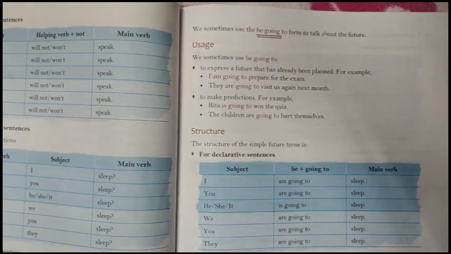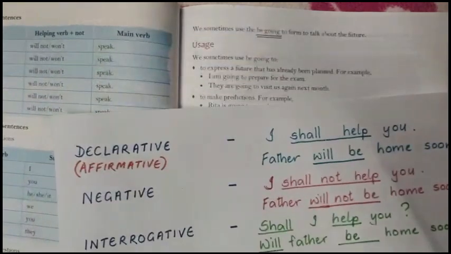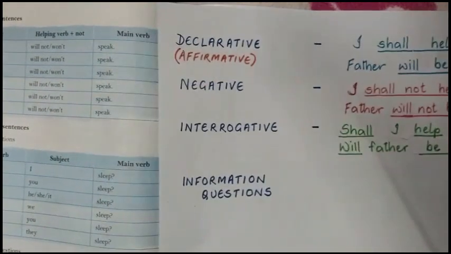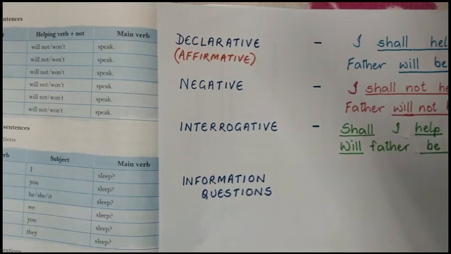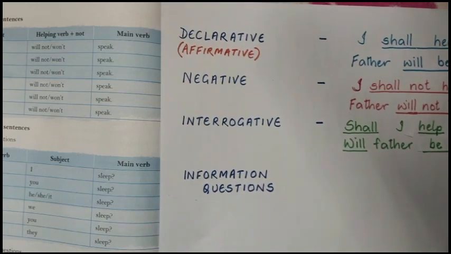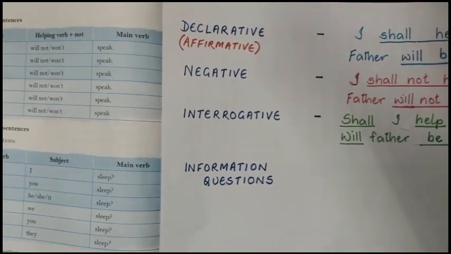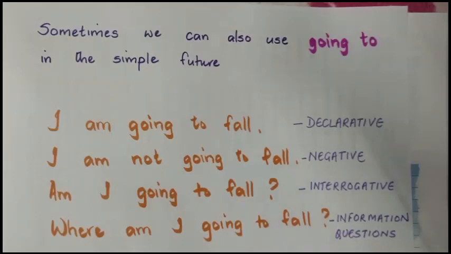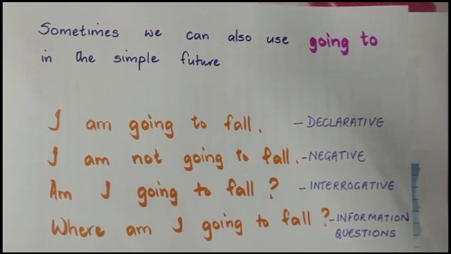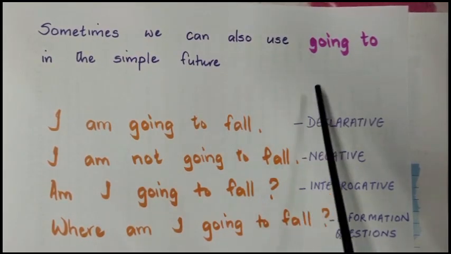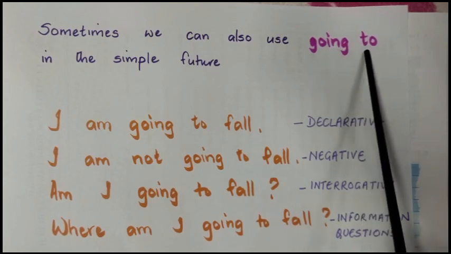And in the same way, we have the declarative or the affirmative, the negative, the interrogative, and the information question. Okay. So here I have written a few examples using going to. Going to can be used in the simple future tense.